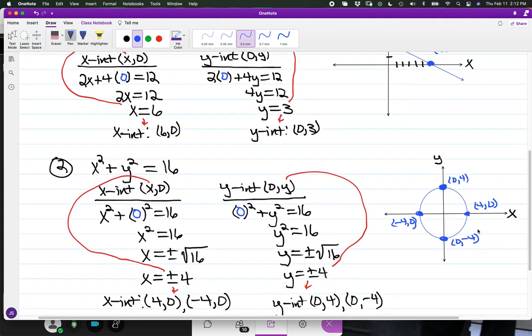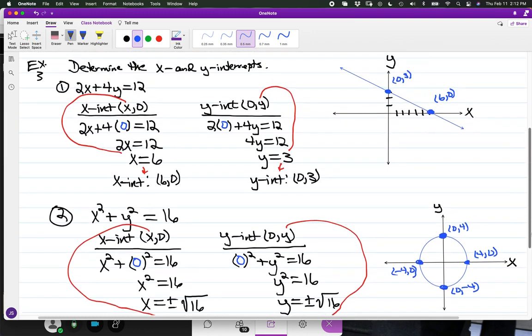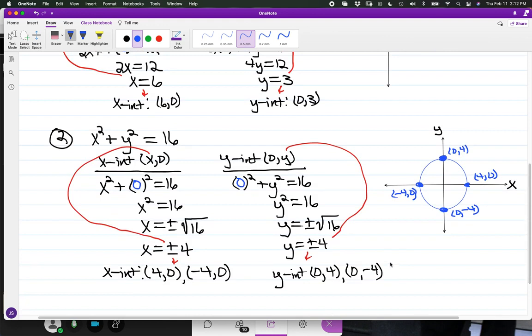And again, circles are not functions since for many of the x values, you have 2 corresponding y values. But still, regardless of whether we have a function or a non-function, if we have x and y terms, there is the potential for there to exist x and y intercepts, as is the case with the linear function and also with the circle.